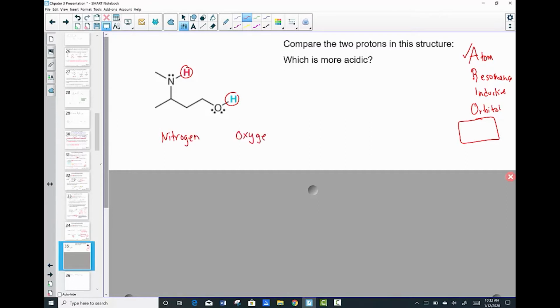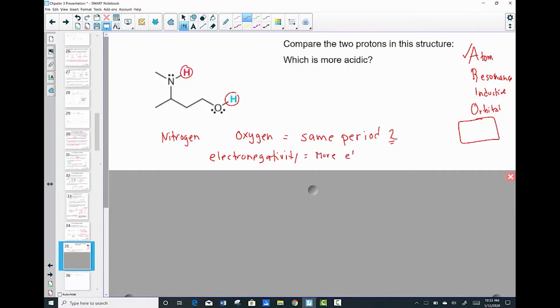Since these are in the same row, and that row is number 2, same period, size is not really an influence. Because they're in the same row, we have to go by electronegativity. Which one of these is best able to stabilize the negative charge is the more electronegative element.